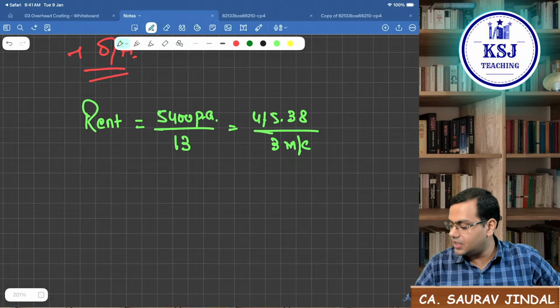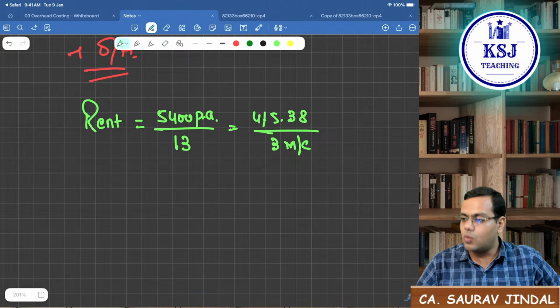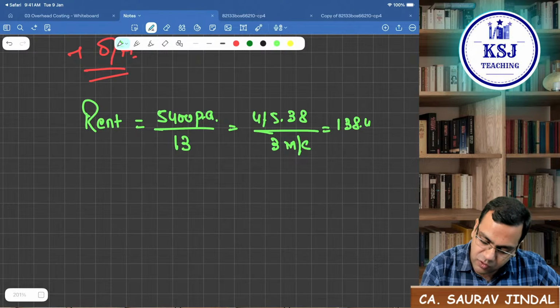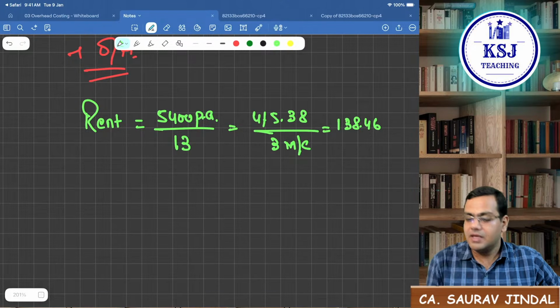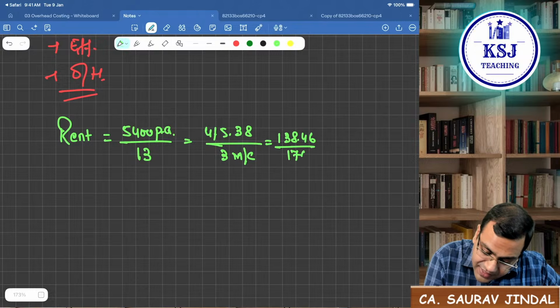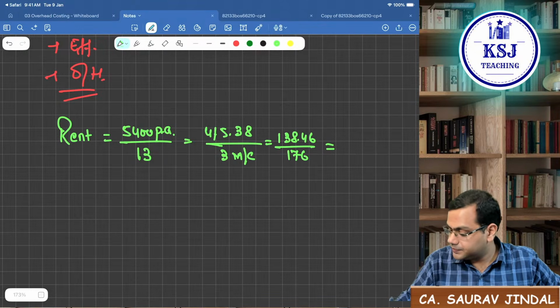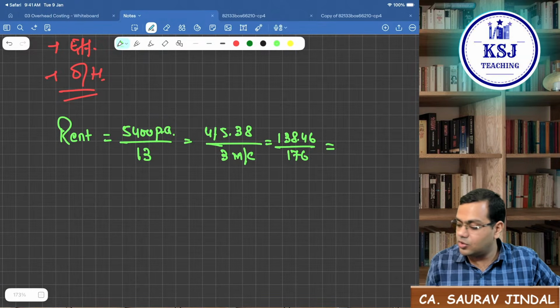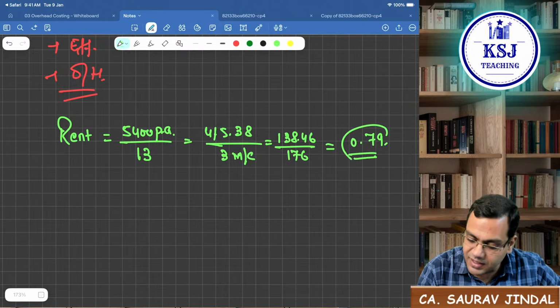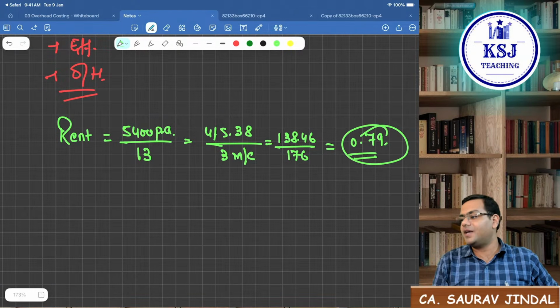Divided by 3, that will give you 138.46. And if you further divide it by 176, then you will get the overhead cost of 0.79 per machine hour.